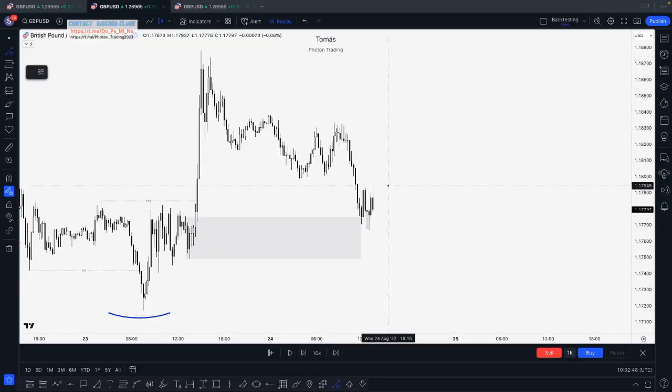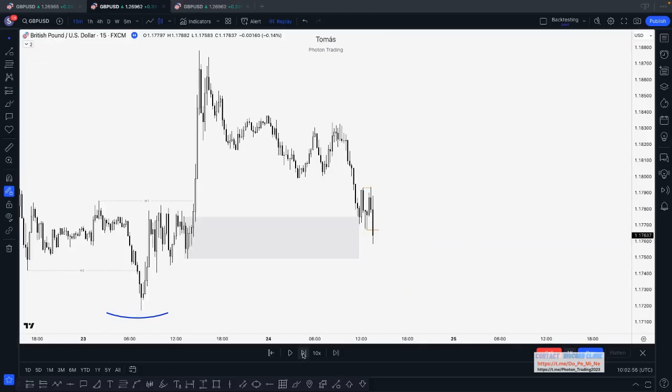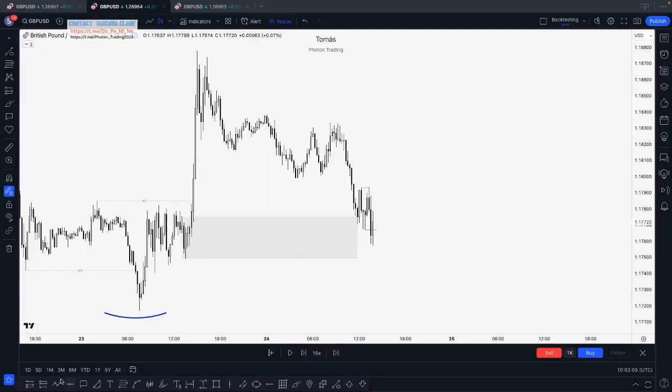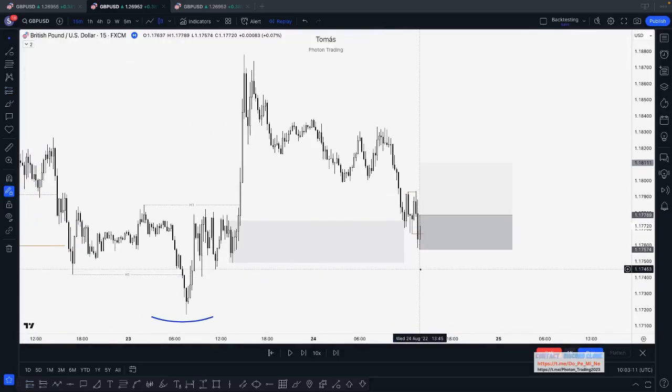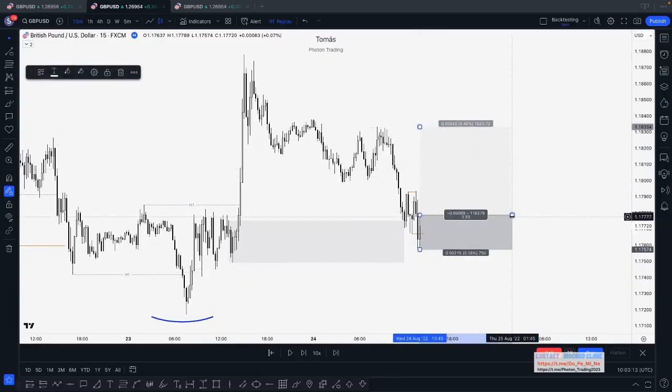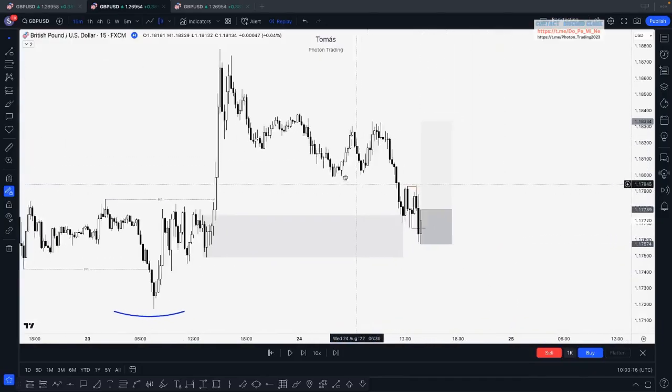So what happens? We have change of character, and then we need to wait for this to go, right? So perfect. LC to A is valid, correct? So now what we do is that we mark the candle, and now we want to get involved at this price.